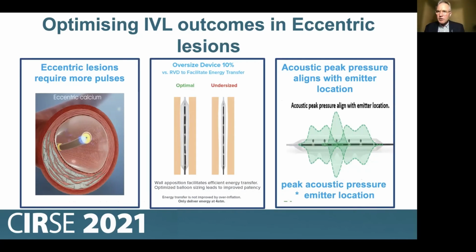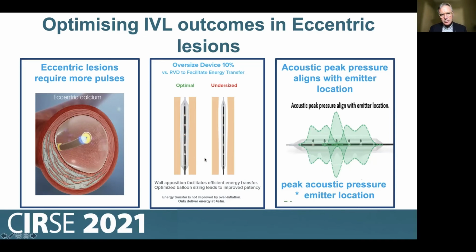Now, there are a few tips and tricks to optimize outcomes when performing intravascular lithotripsy in eccentric lesions. One, as we mentioned, is to make sure we have more pulses per millimeter of lesion in the eccentric lesions to provide that fragmentation of the intimal and medial calcification and change the compliance of the eccentric lesion.